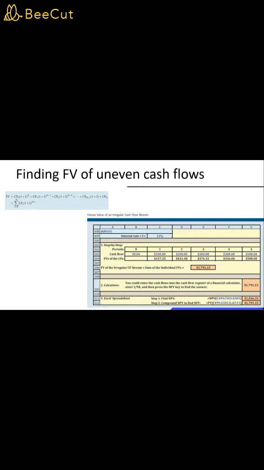So you would calculate that. And then in order to calculate the future value of uneven cash flows, you would input the future value brackets, the interest rate, and then you would add the number of periods, and then 0, and then minus, you would add the present value.